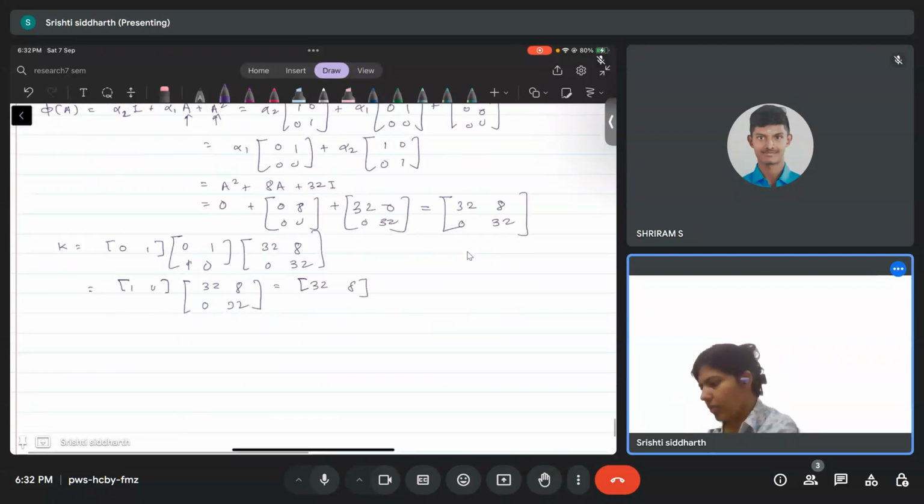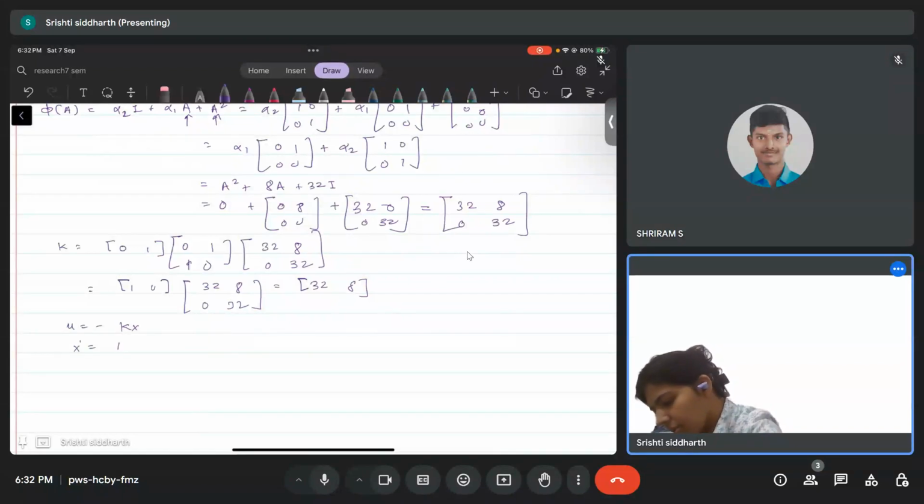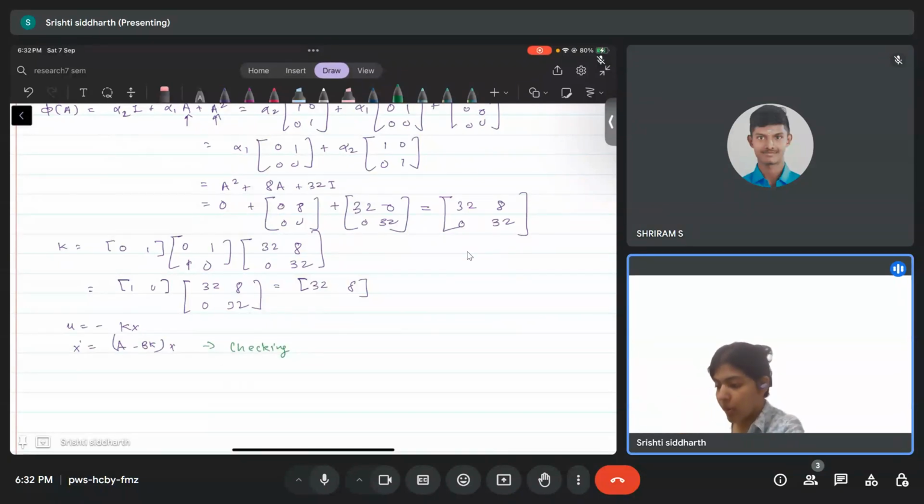We can also check by applying u equals minus Kx in the original system. This is just for checking purposes, to check whether you have computed the gain matrix correctly.